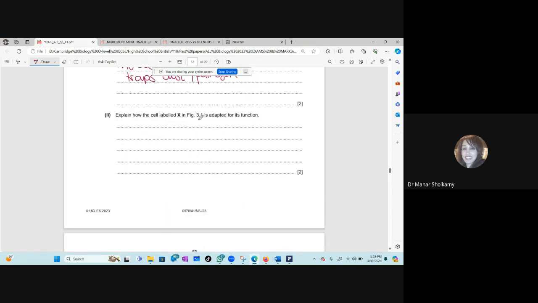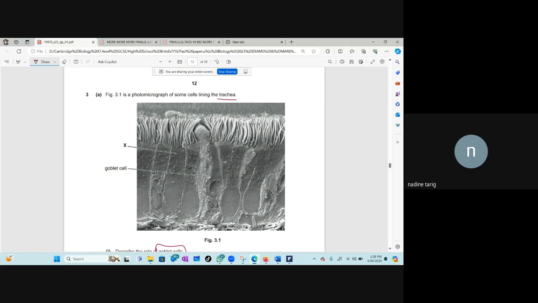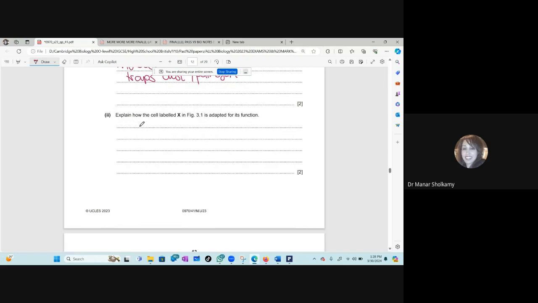Explain how the cell labeled X in figure 3.1 is adapted for its function. What is cell X? Cilia. Very good. This is a ciliated cell. Actually, it is called the ciliated epithelium. And what does it do? It pushes the mucus away from the lung. Yes, the word sweeps is better.